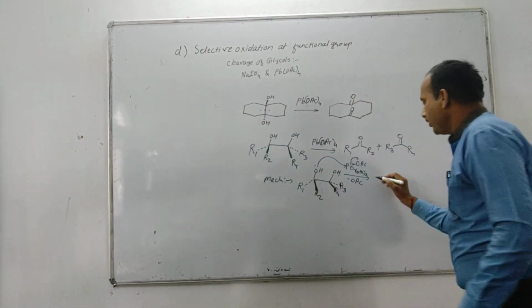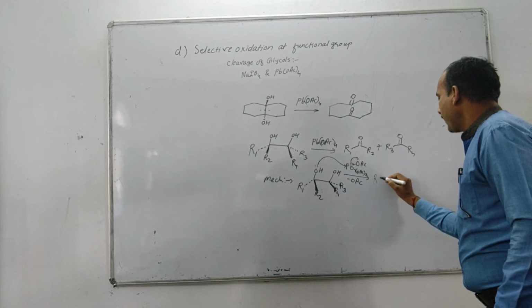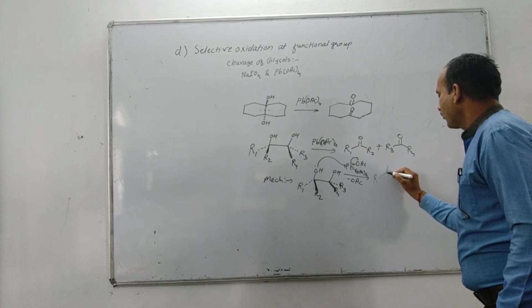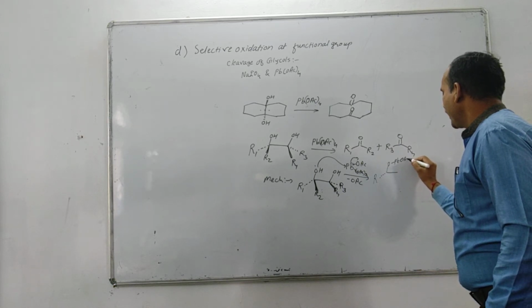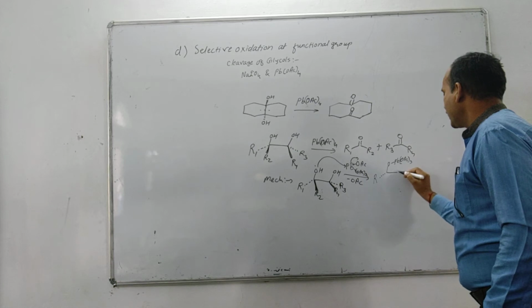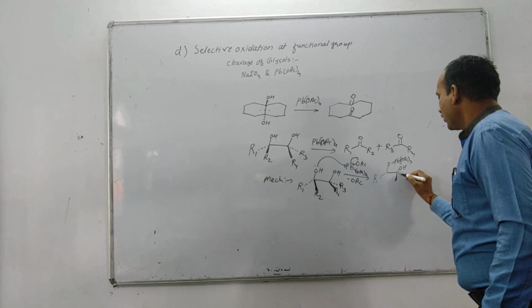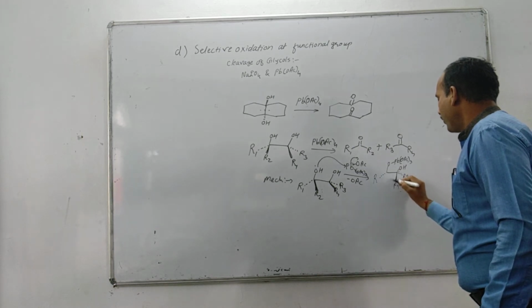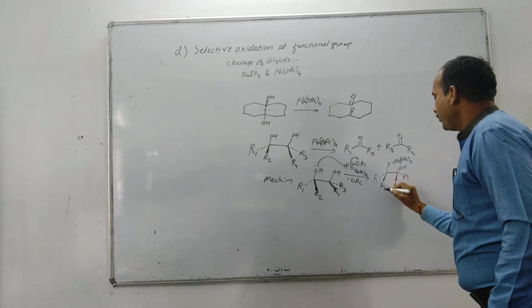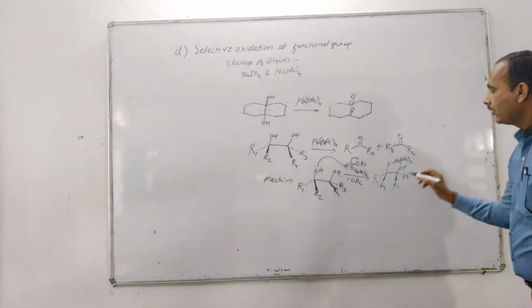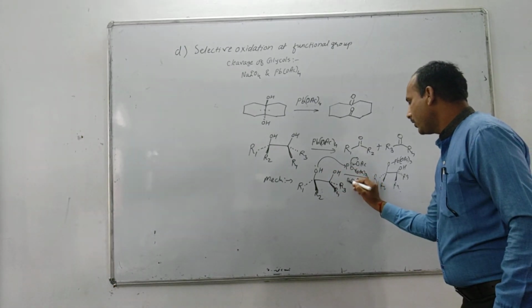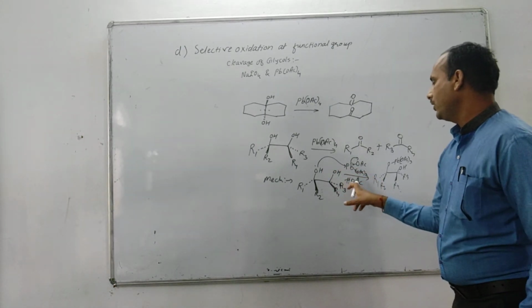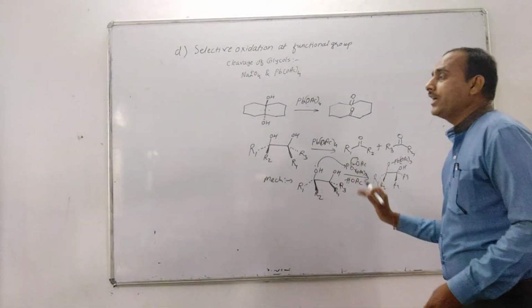So there is formation of R O Pb OAc thrice. Again there is OH, R3 R4, and this R2 R1 remain as they are. The acetate ion takes the proton, that means it is lost as acetic acid.